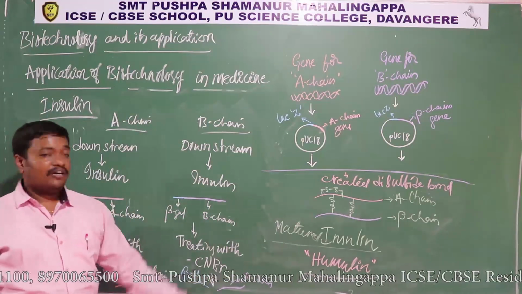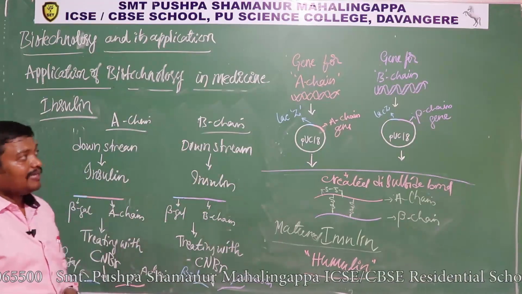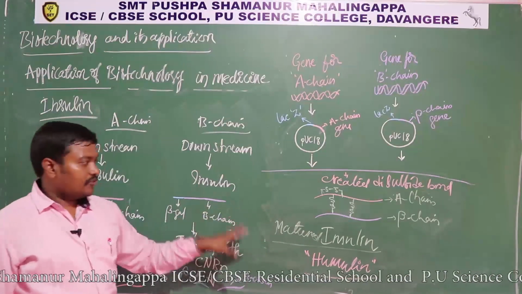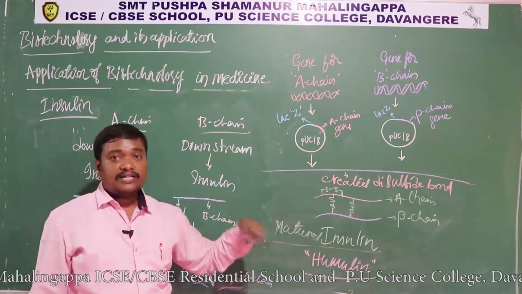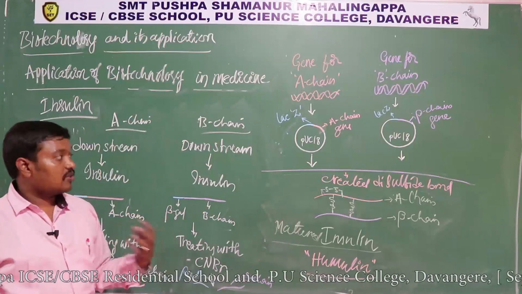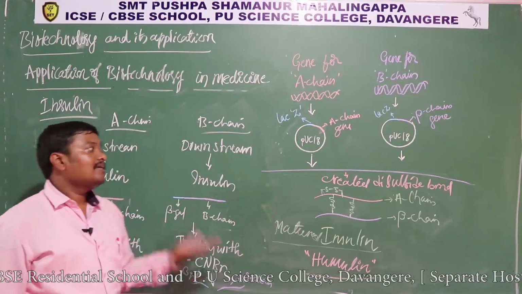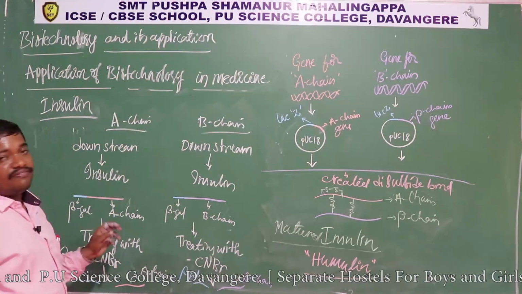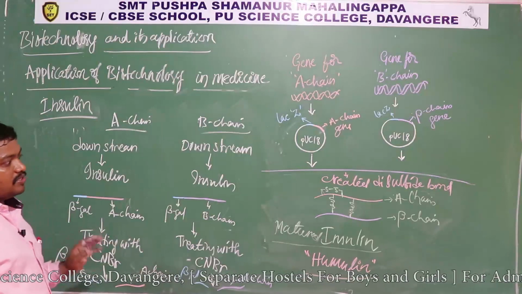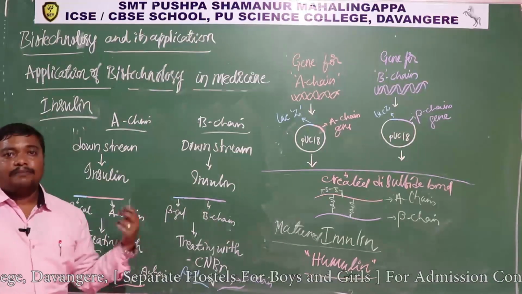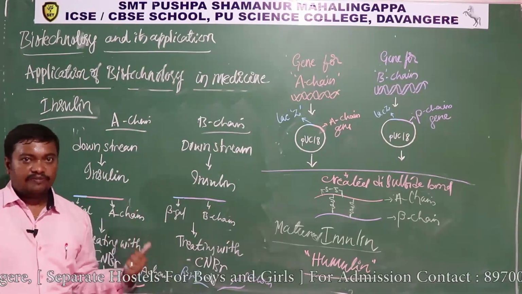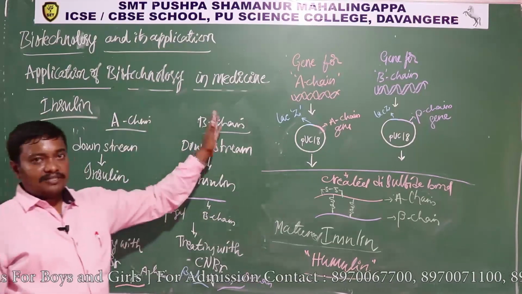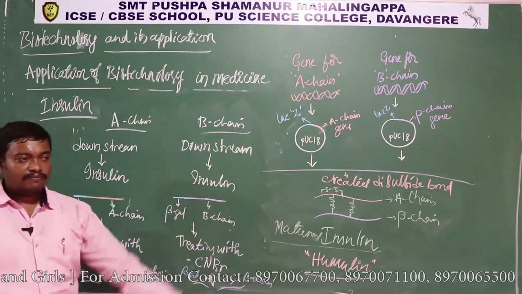Okay, so this is the first artificial insulin produced by the Eli Lilly company, and this insulin does not produce any serious allergic reactions, but the insulin isolated from slaughtered cow and pig causes serious allergic reactions. Okay, so this is the advantage of artificial insulin. It doesn't have any side effects. Okay, so this is how insulin is artificially produced by using rDNA technology. So this is one of the important applications of biotechnology in medicine, that is by producing artificial insulin. Okay, thank you.